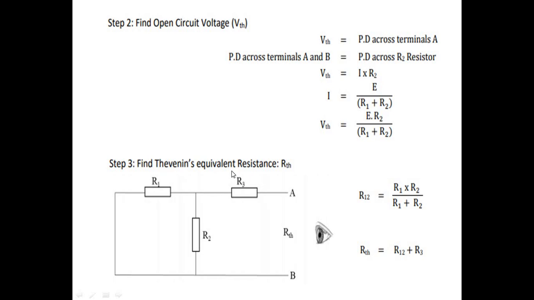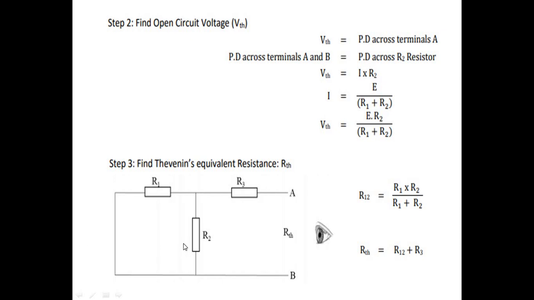Step 3, find the Thevenin's equivalent resistance R Thevenin. The procedure has already been told. When the load resistance at the A and B terminals is open, the sources are short circuited, and we calculate R equivalent seen from the open circuit side.